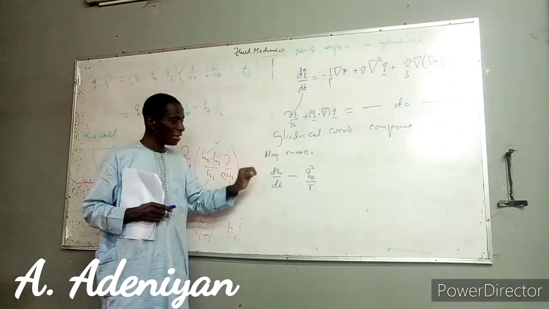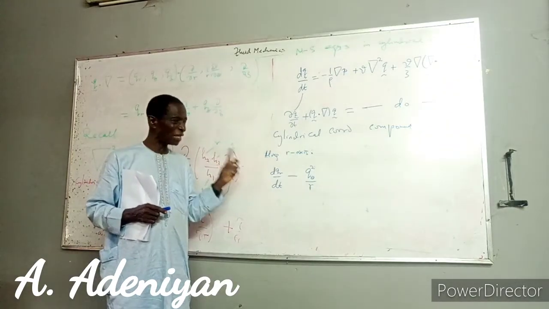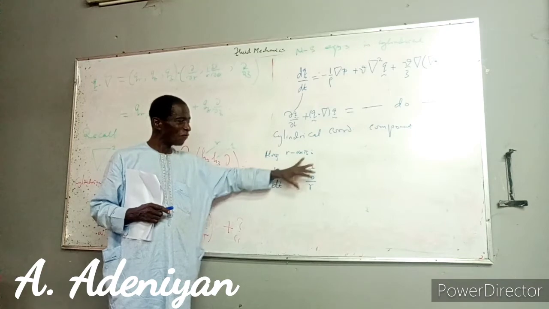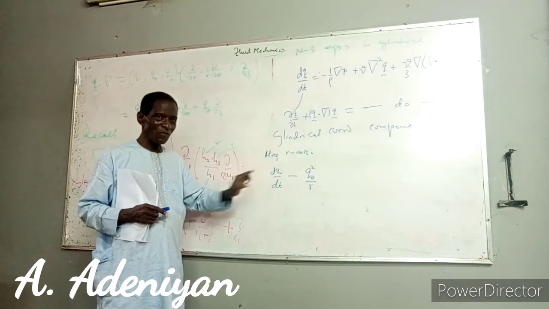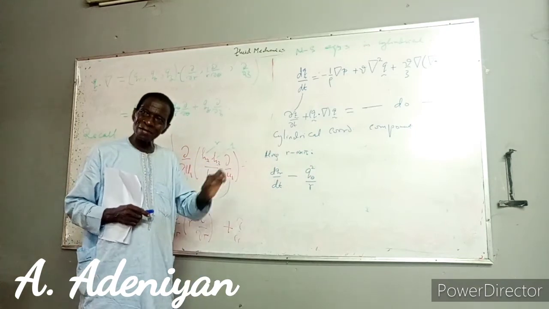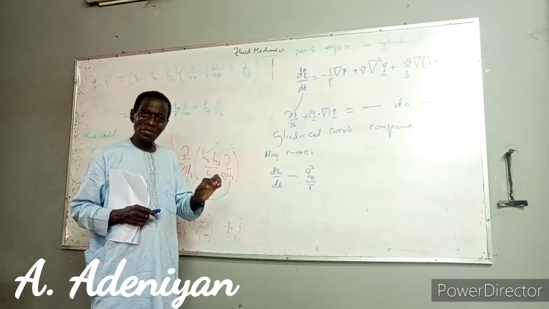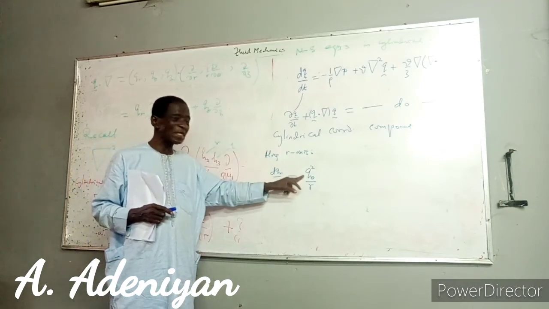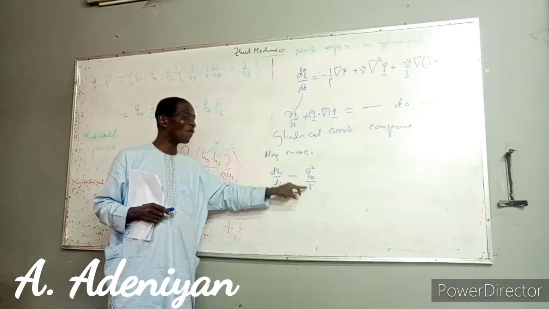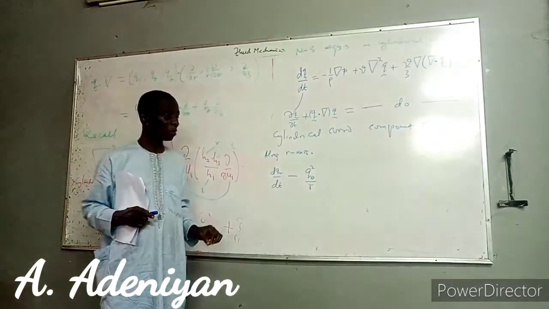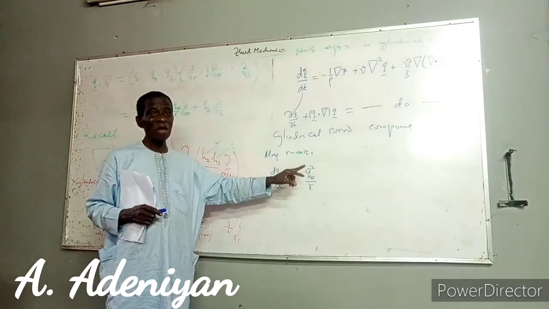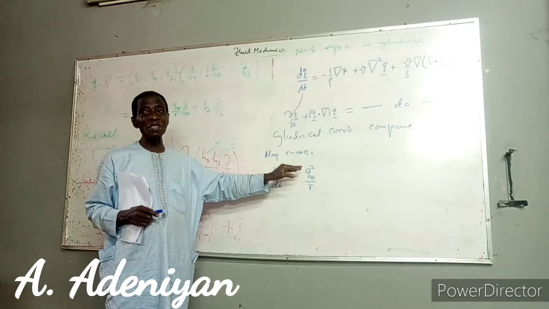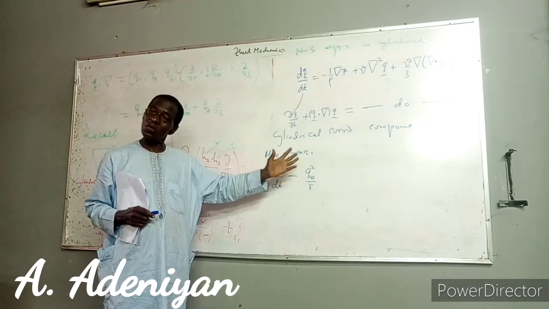When you are now finding acceleration, you have done it in physics, you might have forgotten, if a particle is moving round and round, the acceleration you have to subtract from it is maybe v squared over r. It's the same thing. I used to give this to students at 100 level to prove.